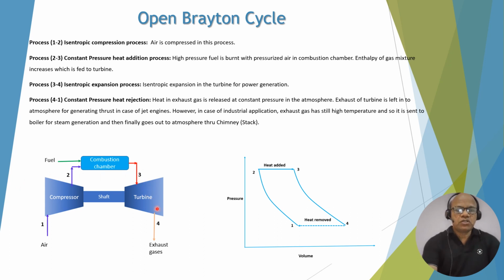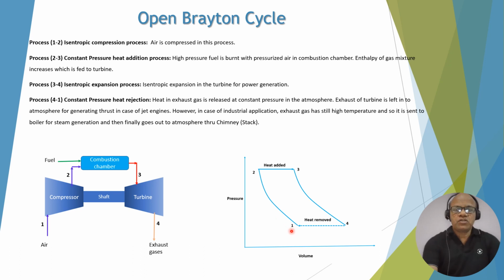So process 3 and 4 is isentropic expansion process where actual expansion of the gas occurs and power is generated. And from process 4, it is exhausted to atmosphere in case of jet engine, whereas in case of industrial turbine, it is fed to boilers where heat is further taken by the boiler for steam generation.